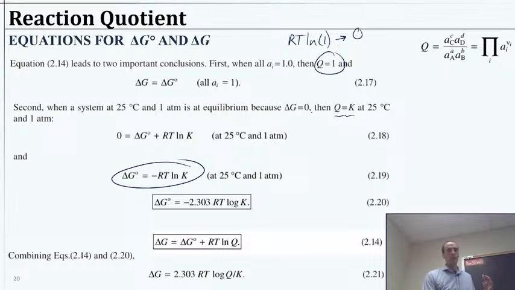Delta G equals 0 at equilibrium, then Q is equal to K, and we get these equations. So that's all coming from those little v's. All the v's then give us that Q.